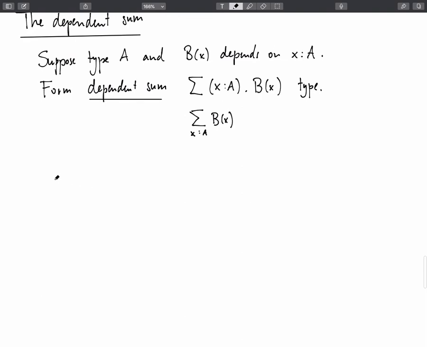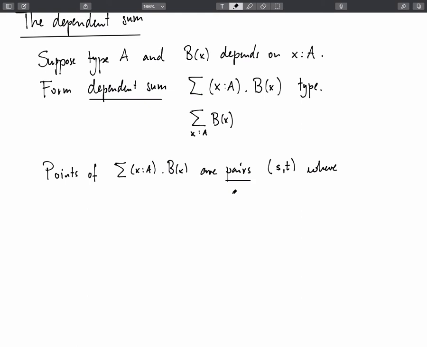What are its elements? So points of this thing are pairs S, T, where, so I'm taking now pair to be a primitive construction.